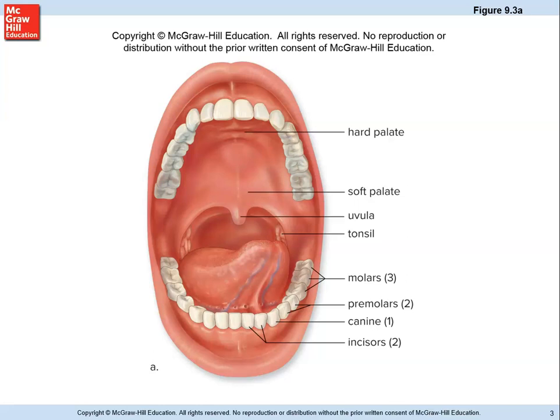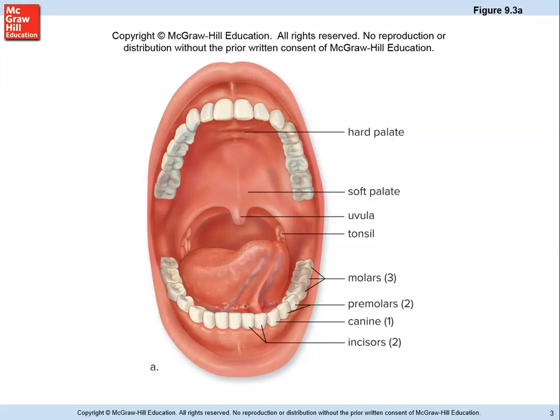The parotid glands at the side of the mouth in front of the ears are going to dump their contents in at the back top of the mouth. So if you feel a funny burning sensation at the back top of the mouth, sort of in front of the ears, that's the parotid glands releasing saliva. And if you feel that same sort of sensation underneath your tongue, that's the submandibular and sublingual.